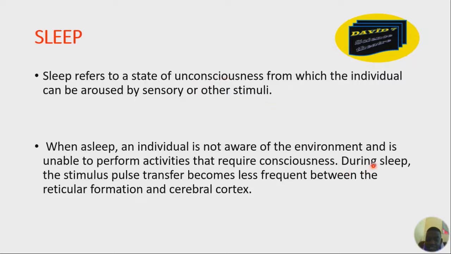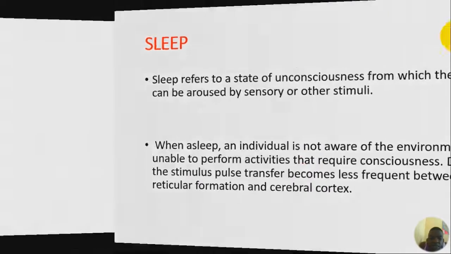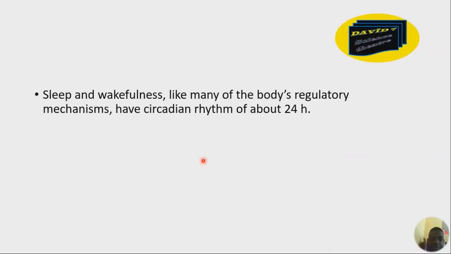During sleep, the stimulus transfer becomes less frequent between the reticular formation and the cerebral cortex. Last time we saw that we need the reticular formation in wakefulness. So the tonic activation of the cerebral cortex is reduced during sleep. It is less frequent.